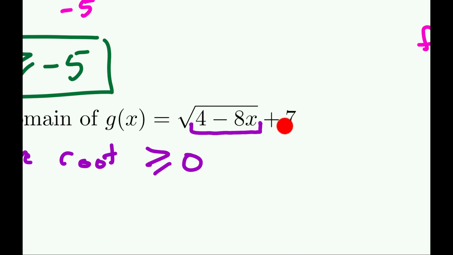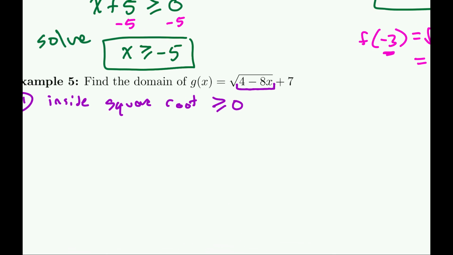The 7 is outside, right? I don't care about this 7. This 7 is not affecting the domain at all. The domain has to do with whether or not we can plug in a certain x value. The square root is the only issue, so it is the only part I need to look at here. I need that inside to be greater than or equal to 0. So we're only looking inside the square root, not outside it.